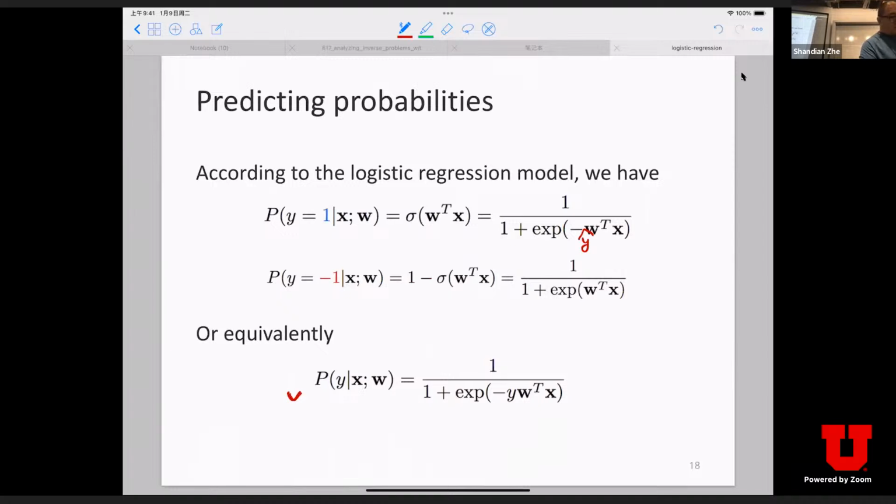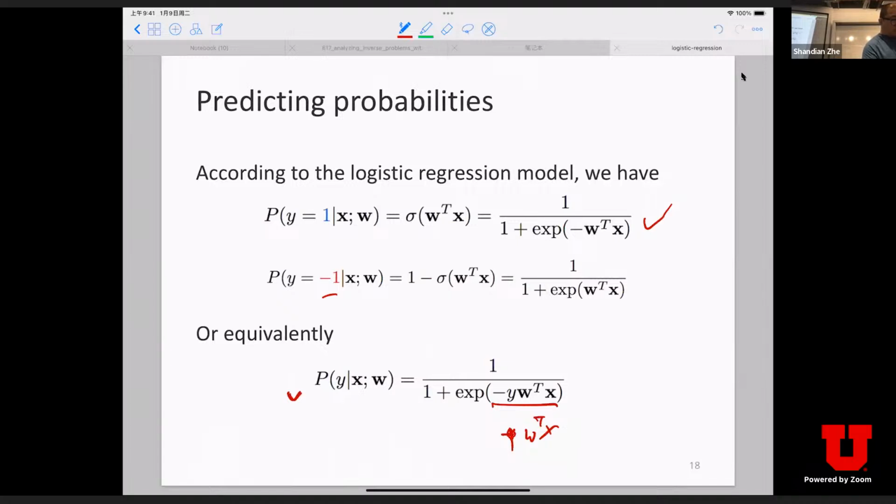So we can check. When y is 1, it's just minus W transpose X, so it's the same as this one. When y is minus 1, you see a negative label, and the minus signs cancel out, so it becomes W transpose X in the exponent of the exp.